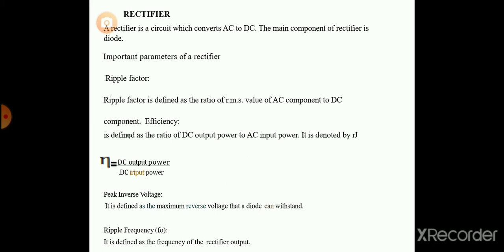Then the efficiency of a rectifier is defined as the ratio of output power to the AC input power. It is denoted by eta, a Greek letter.